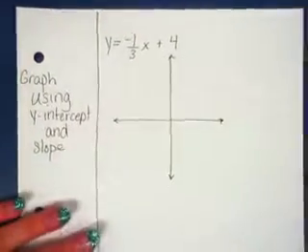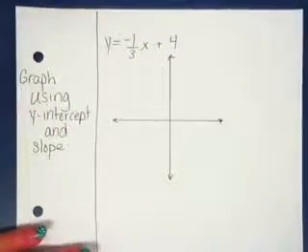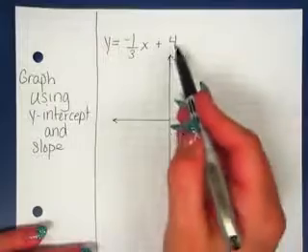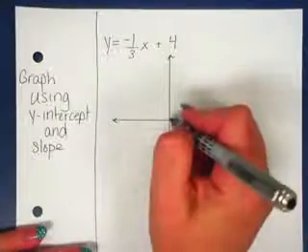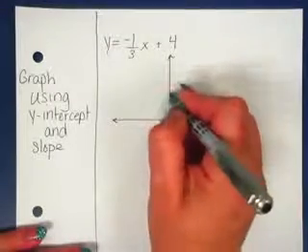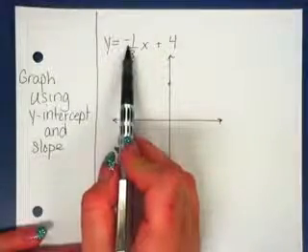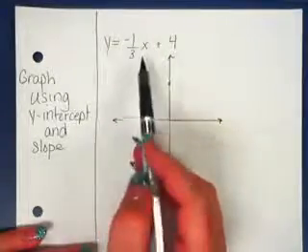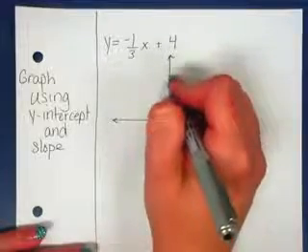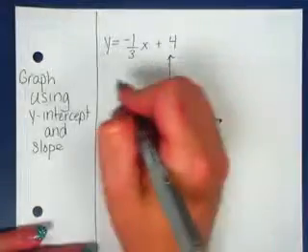And I have graphed using the y-intercept and the slope. Let's try that again. This time, we have the y-intercept is a positive 4, which means it crosses at 4. 1, 2, 3, 4. It has a negative slope, so rise over run. I usually go up for my negative and left.